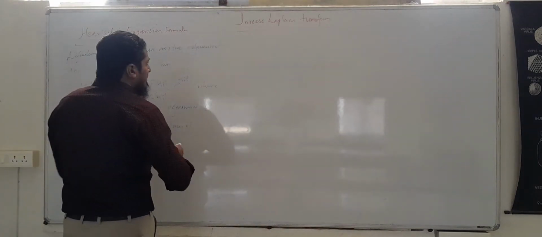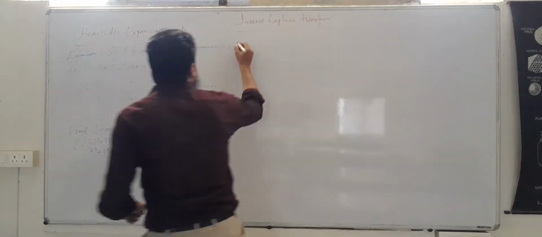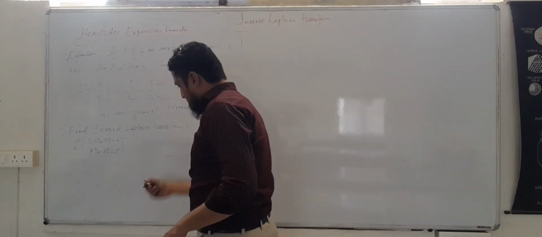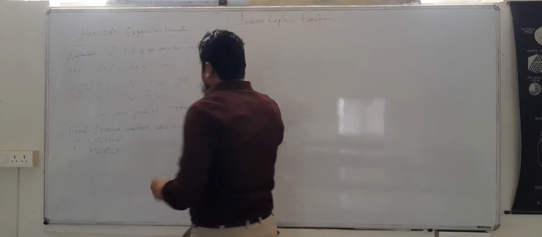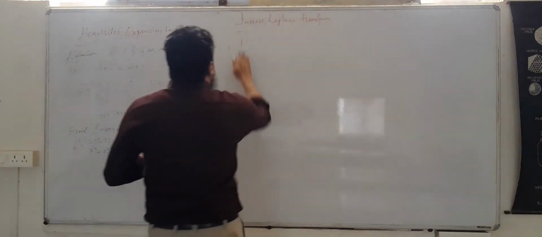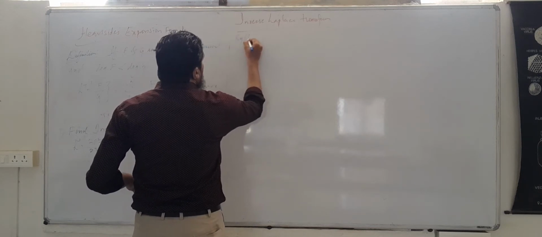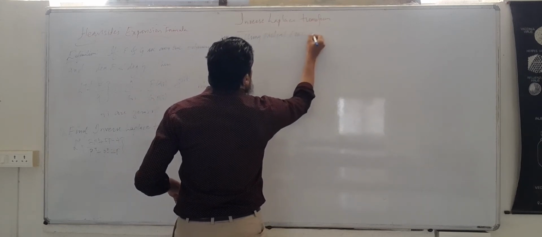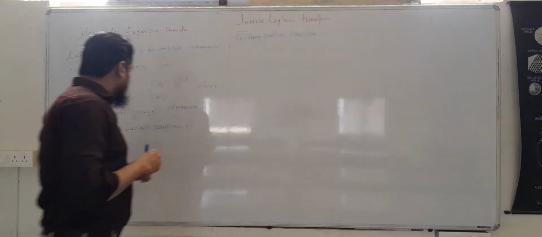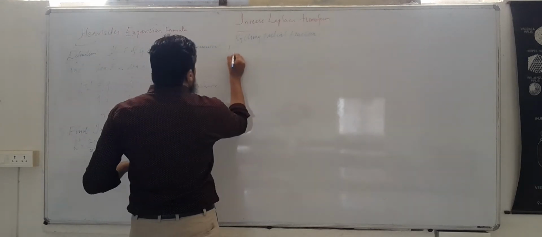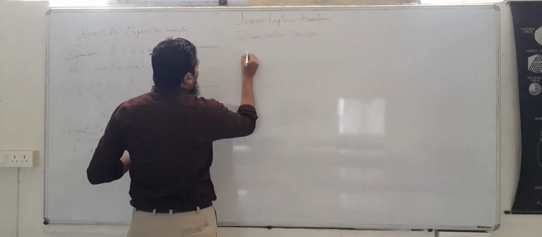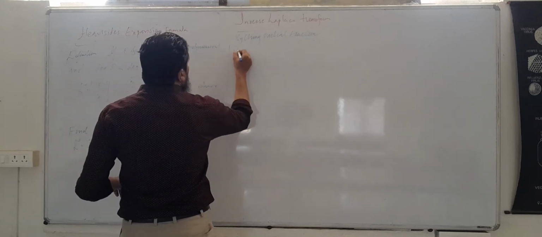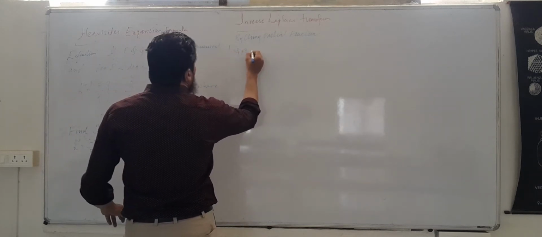So let's start with partial fractions. Take directly p cube plus p square minus 2p.